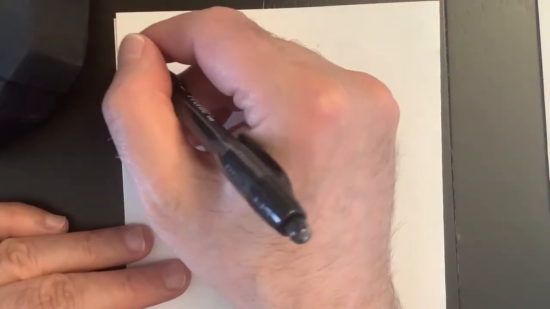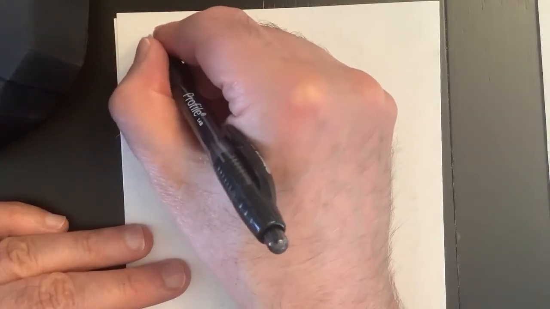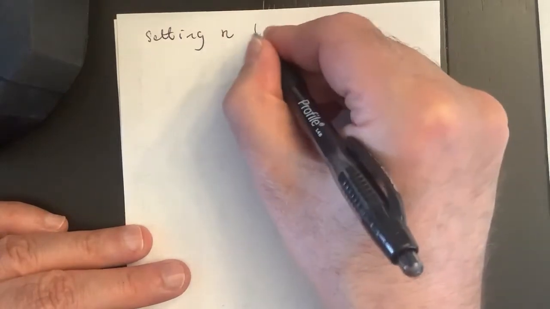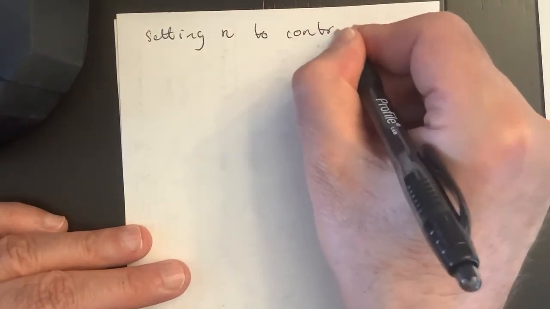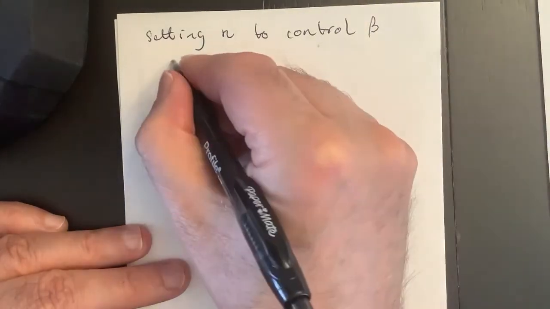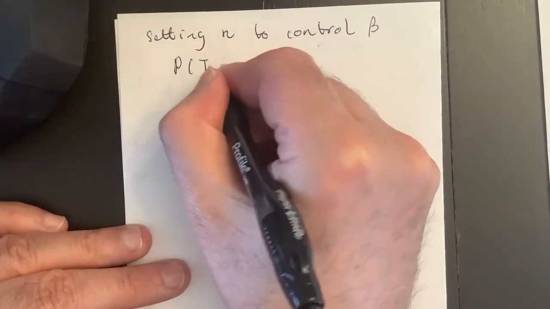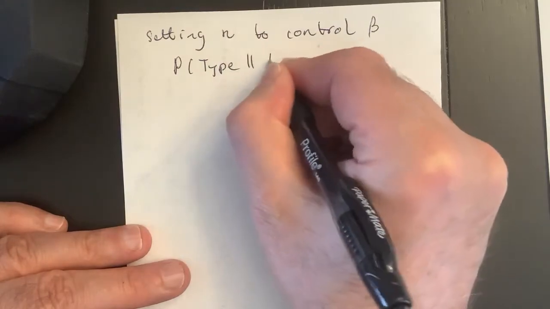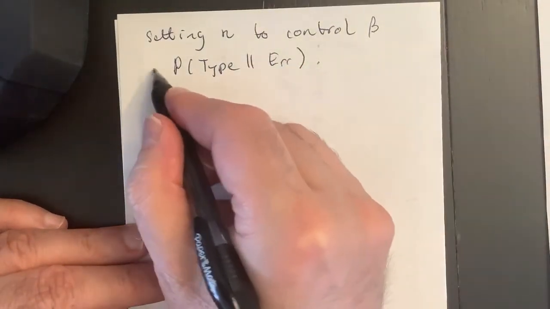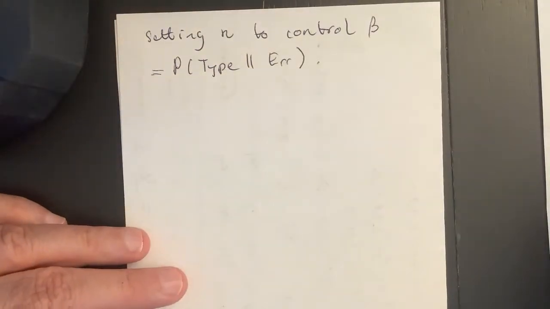So let's look at this. To start, let's call this setting n to control type 2 error. Okay. All right.